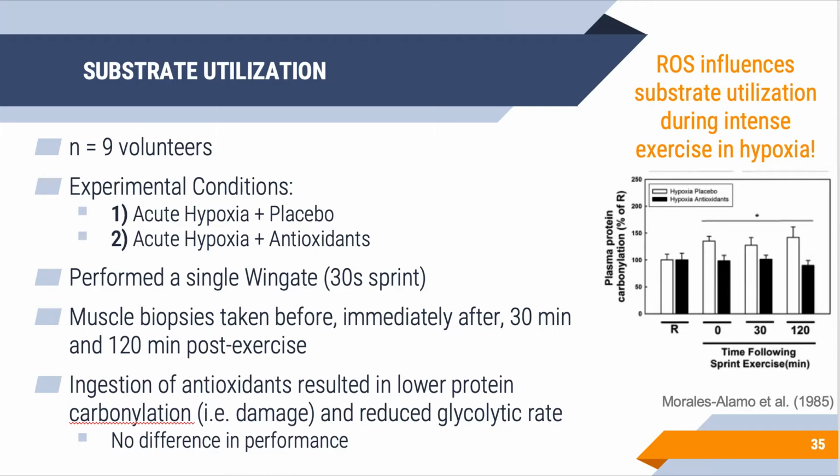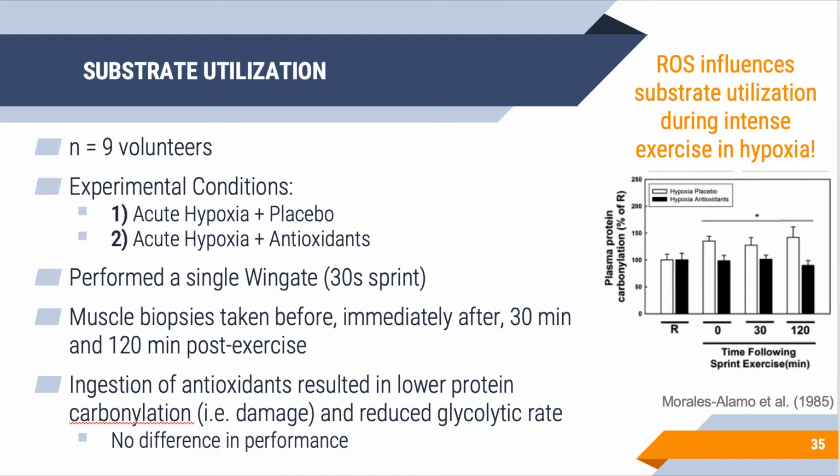Remember, carbonylation is a measure of protein damage. What they found was that ingesting antioxidants prior to this exercise bout resulted in a decrease in protein damage, or a decrease in protein carbonylation at the onset of exercise, at the end of exercise, at the 30-minute mark, as well as at the 120-minute mark following exercise.